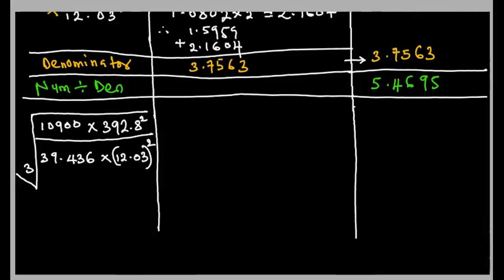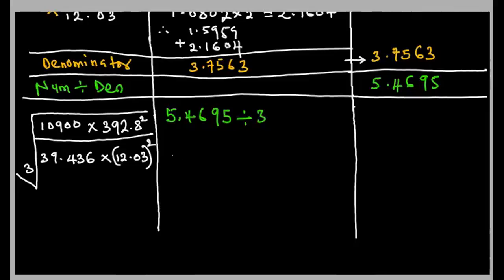We've done everything there, and that was what gave us 5.4695. Since we are taking the cube root, we'll have to divide by 3.